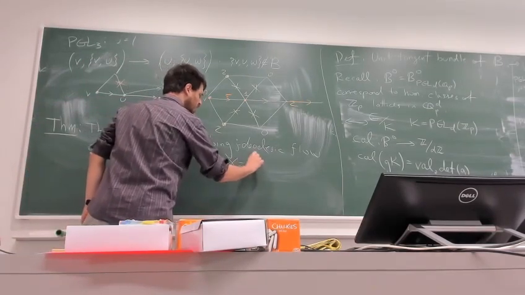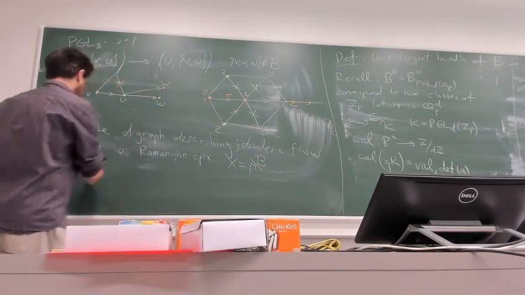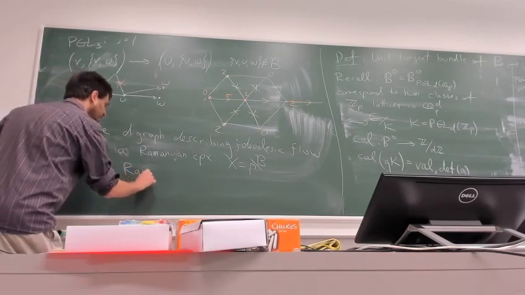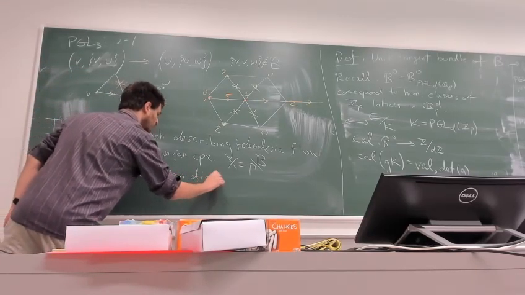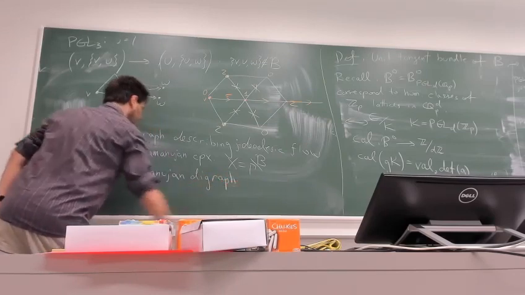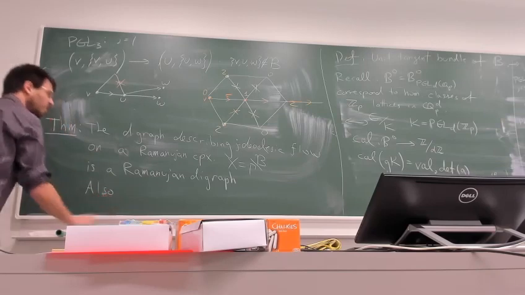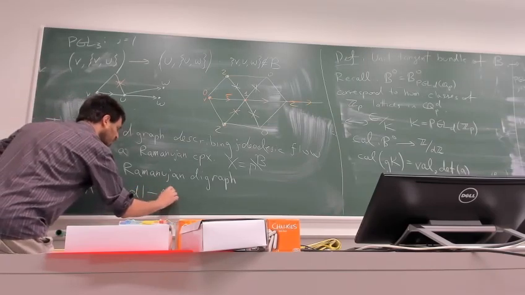So, if the quotient of the building by some compact lattice is a Ramanujan diagram. And furthermore, it's also the factorial normal.